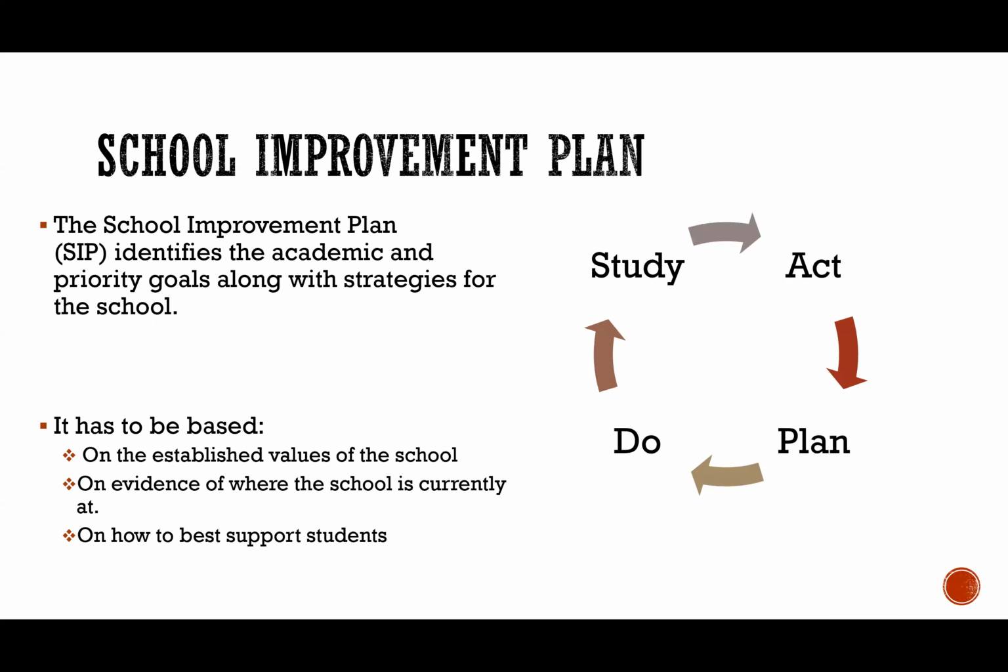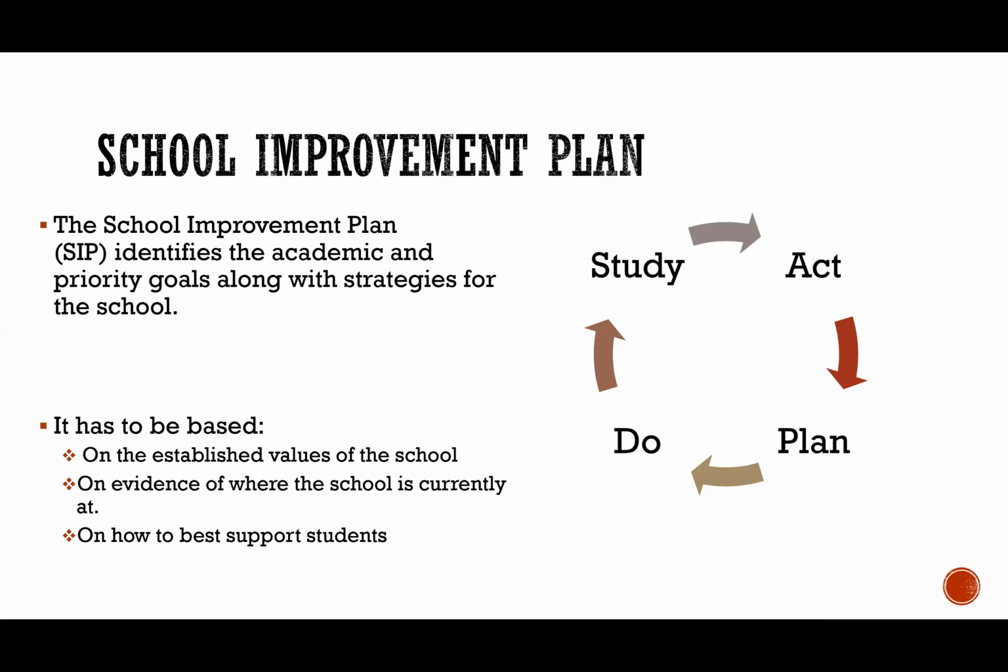The second one, it has to be based on evidence of where the school is currently at. So when the school community starts planning for the school improvement plan, the first step should be looking at where the school is currently at.